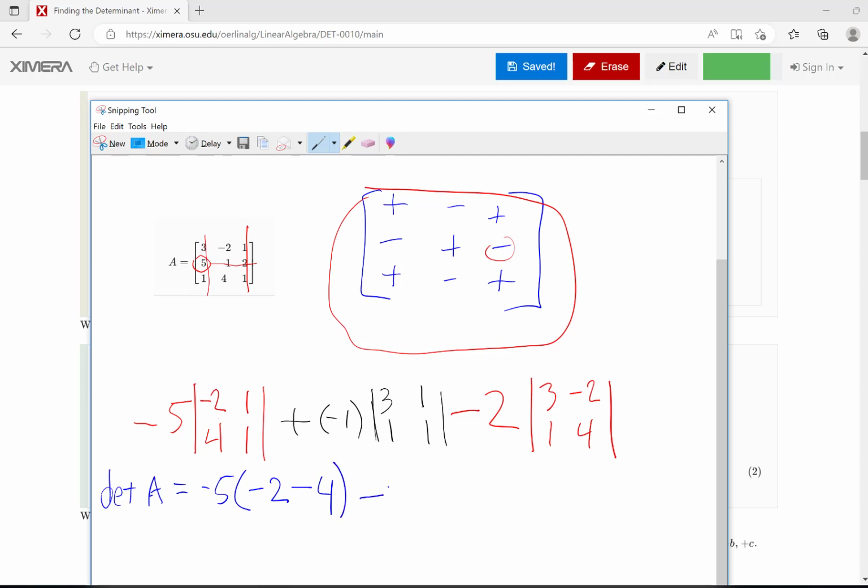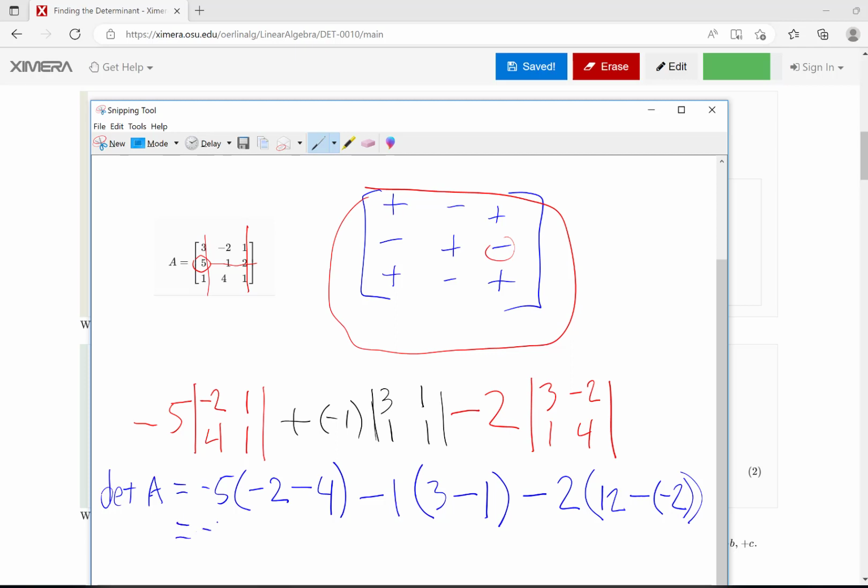Now I'm going to write -1 times, do you see the determinant of the black matrix? 3 times 1 is 3, and we minus the product of the other diagonal, so 3 minus 1 is 2. And then we subtract 2 times, and again, what's the determinant of this red matrix? 4 times 3 is 12. And then I subtract 1 times -2 is -2, right?